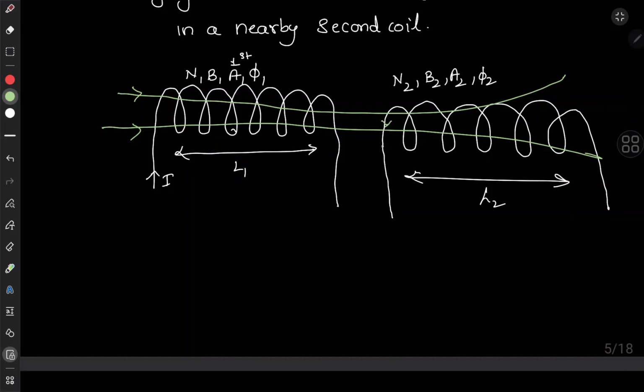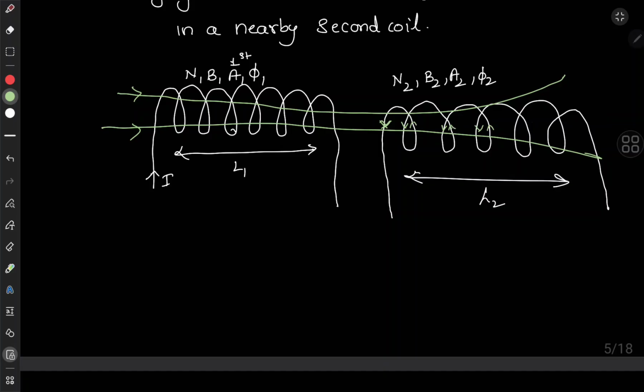That induction of EMF in the secondary coil is called mutual inductance. The current flows in the direction that opposes the change. So this magnetic field will link with the second coil and induce the EMF.